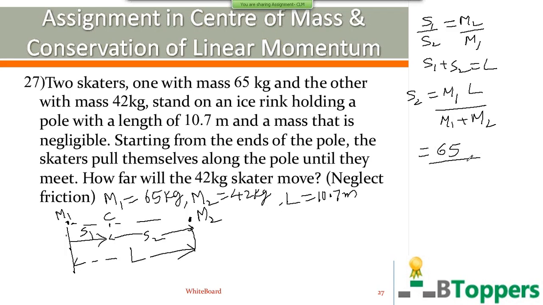m1 is 65 kg, m2 is 42 kg. That is 65 by 107 into 10.7 meters.